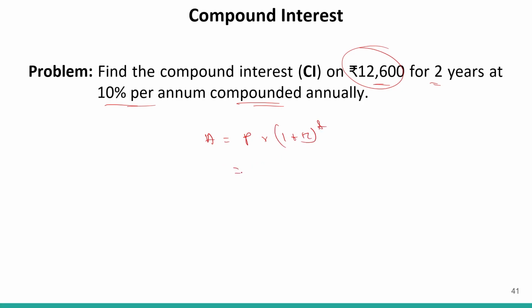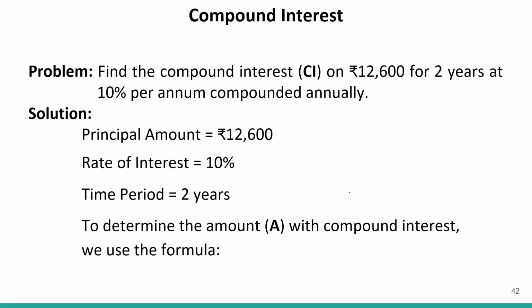R is in decimal form, so 12,600 into 1 plus 0.1, this much power 2 for 2 years since T is equal to 2.